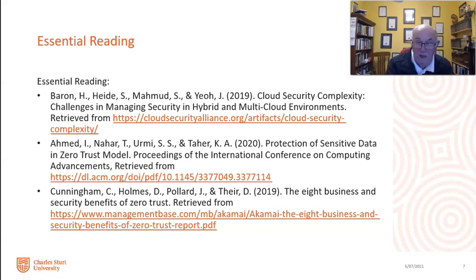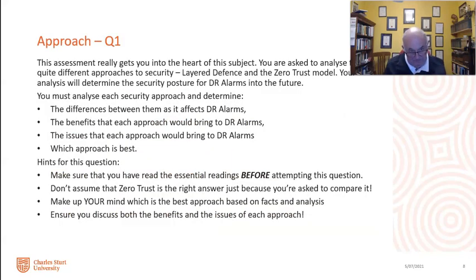So that's worth downloading and reading from the ACM. And then finally, there is an article by Cunningham, Holmes, Pollard and Thea on the 8 business and security benefits of using the zero trust model. So again, I would recommend you read those prior to starting the assignment.